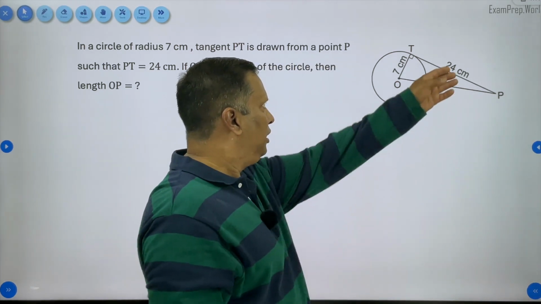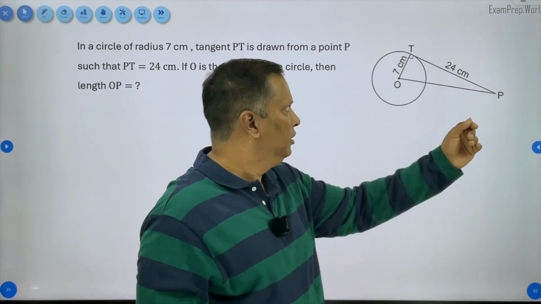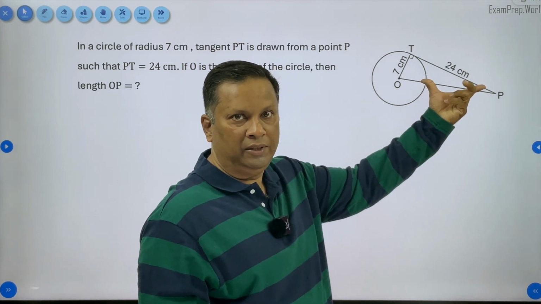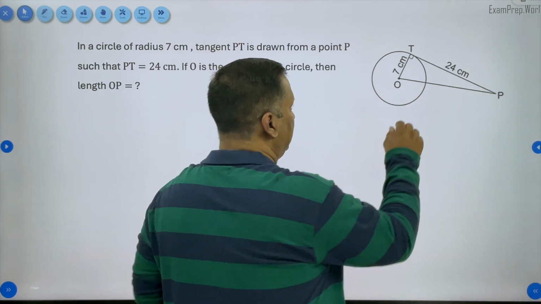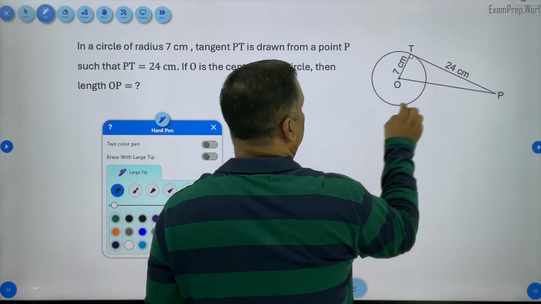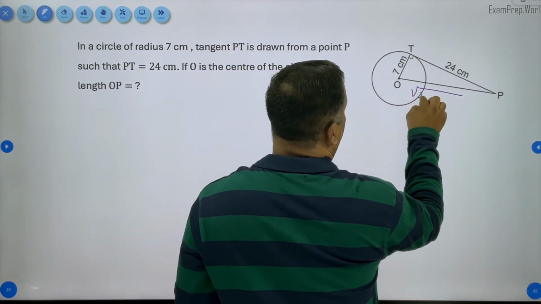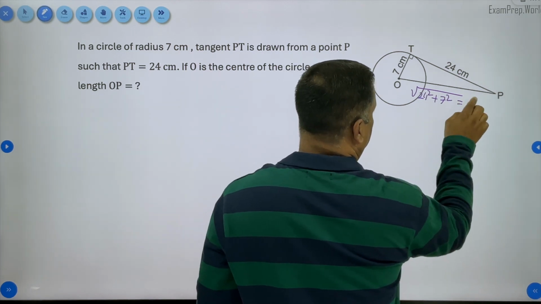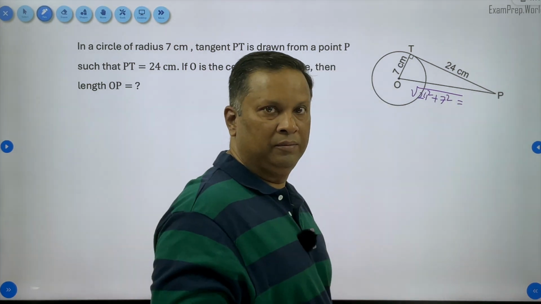Do you see this triangle is a right angle triangle? So you are asked to find the hypotenuse. You can apply Pythagoras theorem to do this. So Pythagoras theorem will be root of 24 square plus 7 square. How much is it? Calculate.